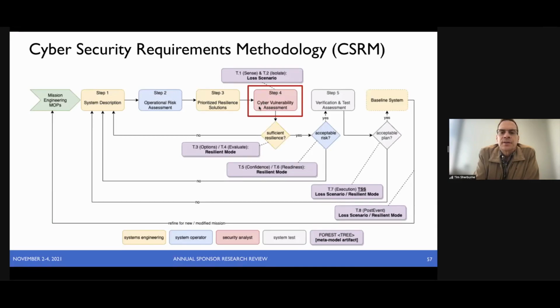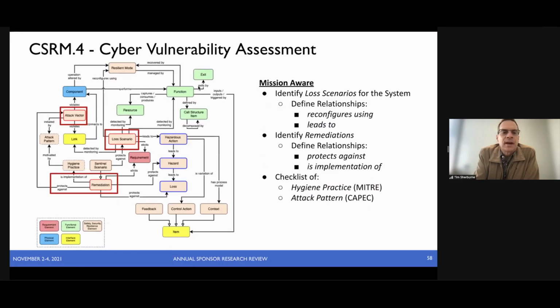So the vulnerability assessment is next, and it's the final step of STPA: defining a set of loss scenarios as a set of behaviors that are to be minimized or avoided in the system, and then a set of remediations.